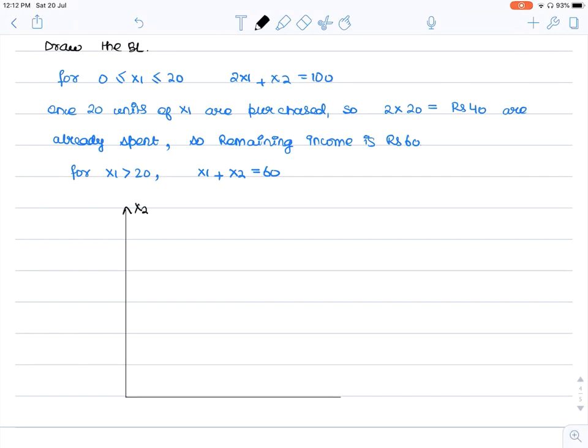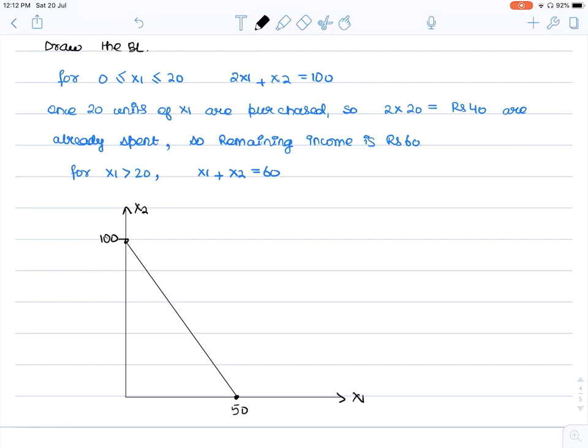So you have X2 on the vertical axis and X1 on the horizontal axis. Let me draw the initial budget line, which is what? If X1 is 0, X2 is 100, and if X2 is 0, X1 is 50.